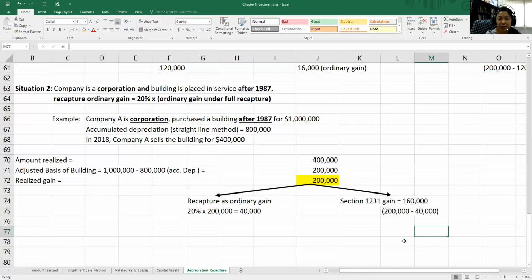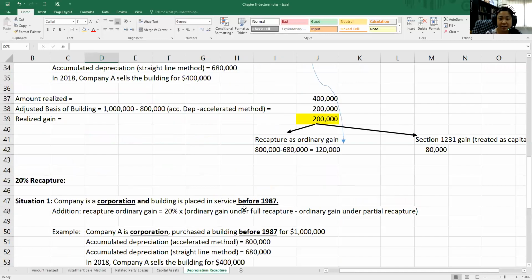Somebody will ask, what if the company is not a corporation and they purchase the building after 1987? If they are not a corporation, then the 20% recapture is not applicable, and they recognize all the gain as Section 1231 gain. They don't have to recapture.